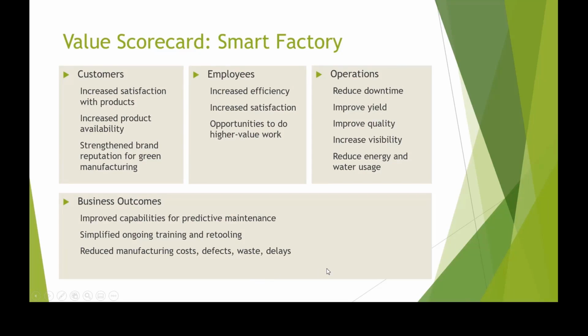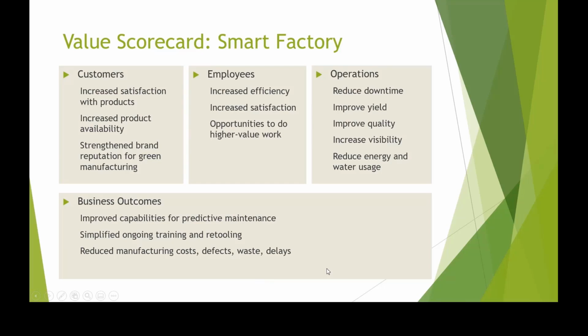We also create materials that express the value of making changes, of investing in a product or service. And value can be split up into customer value, employee value, operational value. Types of value are increased product availability for customers.